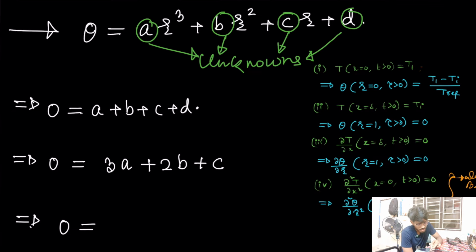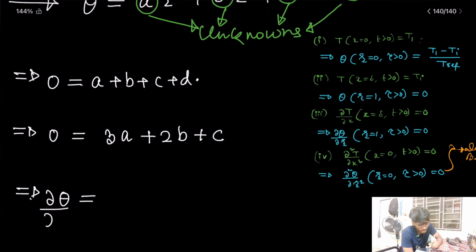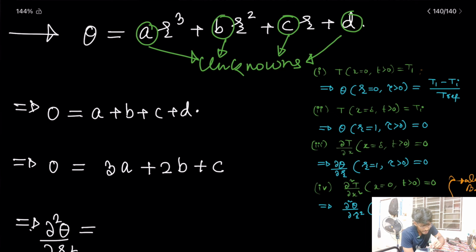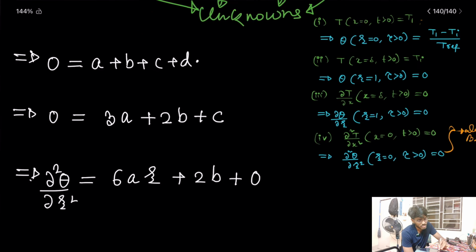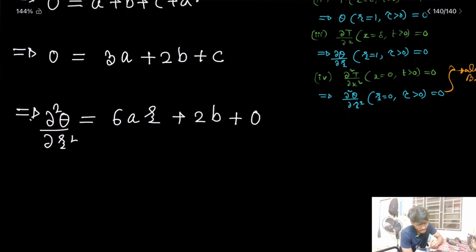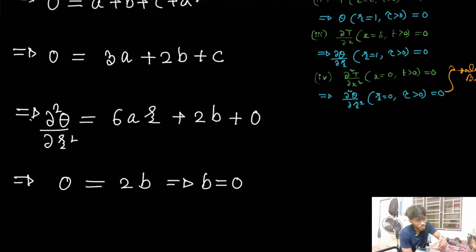To avoid any confusion, let me write this. It will be 6a into zeta plus 2b plus 0, and this at zeta equal to 0 is equal to 0. So 0 equals 2b, which means my b is equal to 0. So I have got one value.